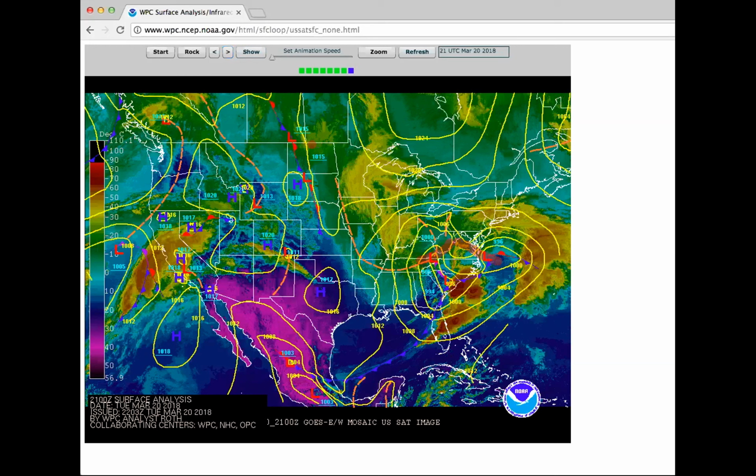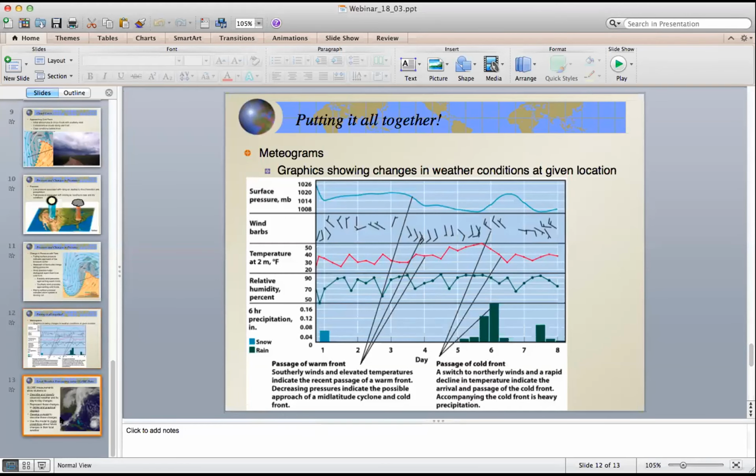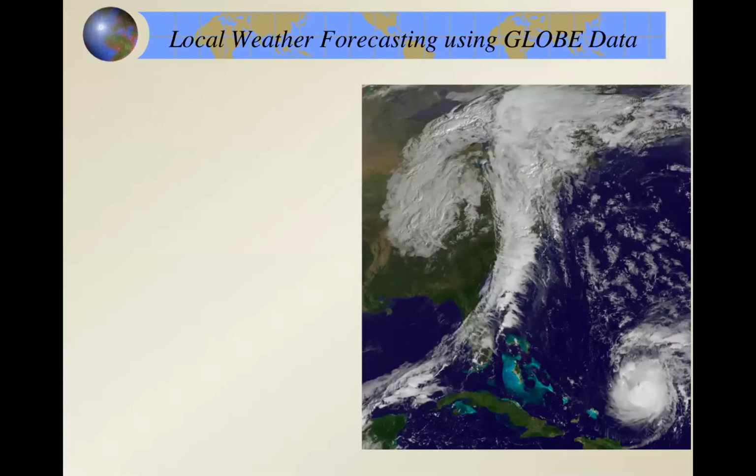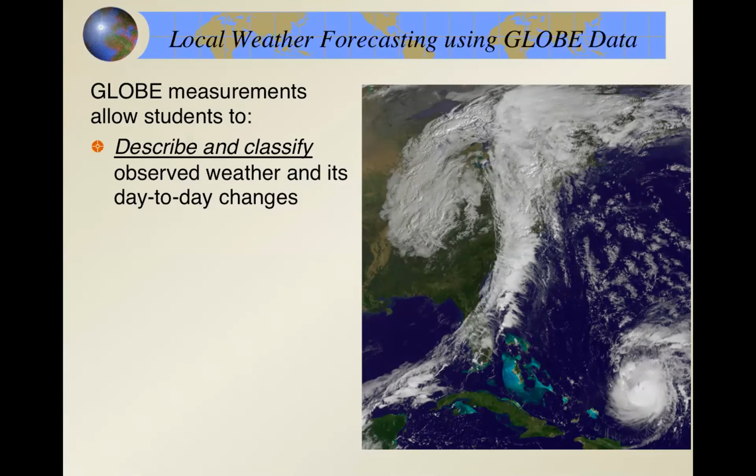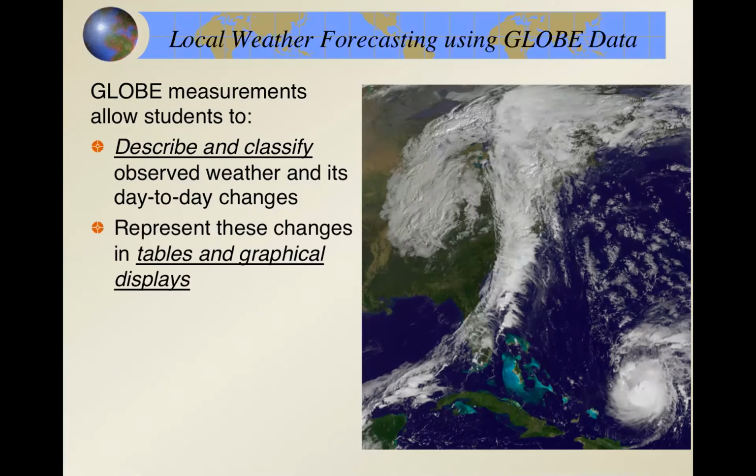So to conclude, I just want to say that by taking globe measurements continuously with your students, you actually have lots of learning outcomes that you can meet. You can start to describe and classify things, namely the observed weather and its day-to-day changes.